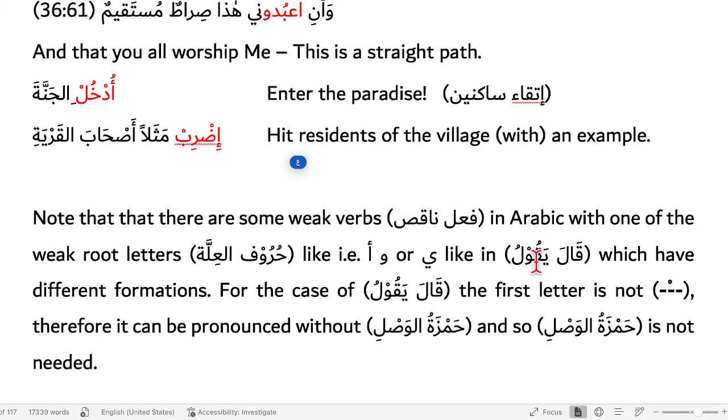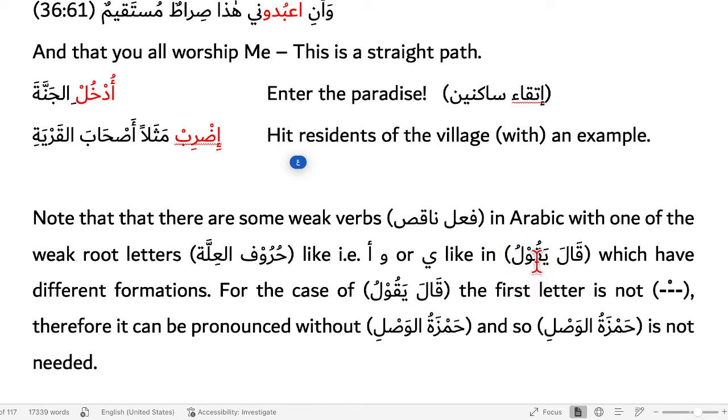So you see that it's not having a sukoon, so you can't apply that formation here. It is going to have a different formation. Yakulu, Yakulani, Yakuluna, Takulu, Takulani, Yakulna, Takulu, Takulani, Takuluna, Takulina, Takulani, Takulna, Akulu, Nakulu. So this is how it's going to form.